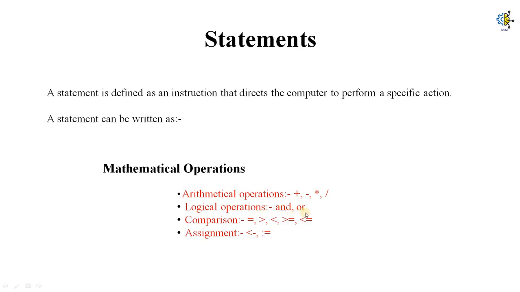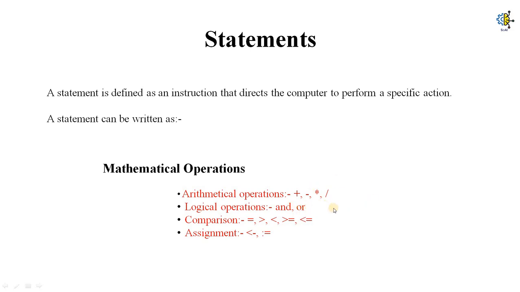What are AND and OR? In AND, if we compare two situations, if the first is true, then only we will move to the second and check whether that condition is true or not. But in OR, whether the first condition is true or false, we will move to the second one.